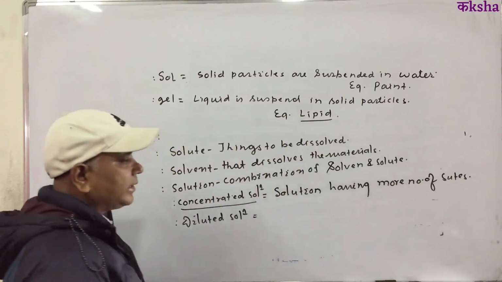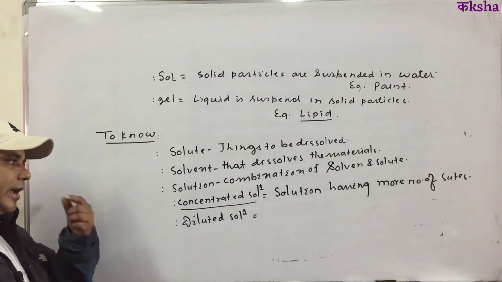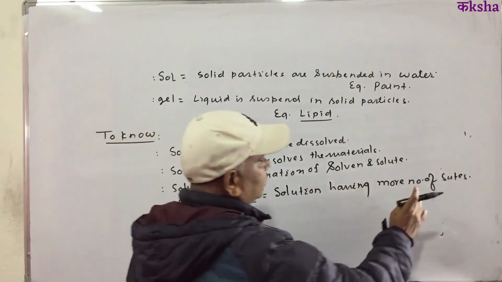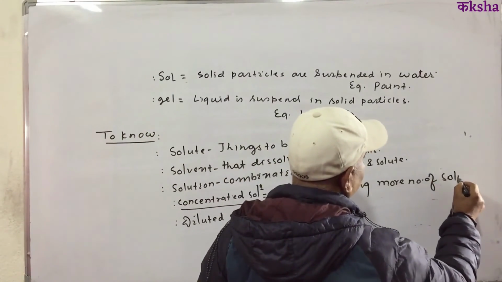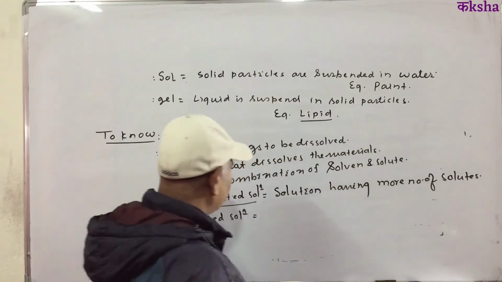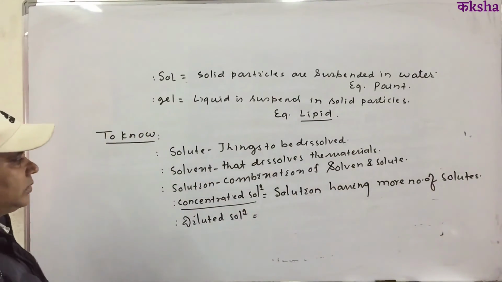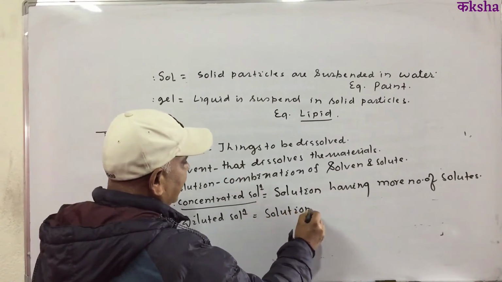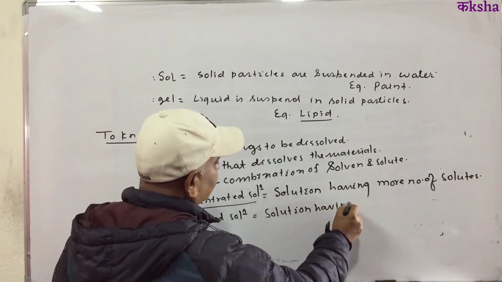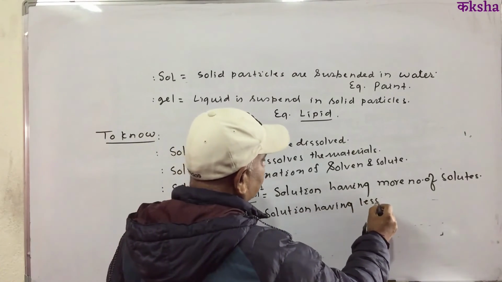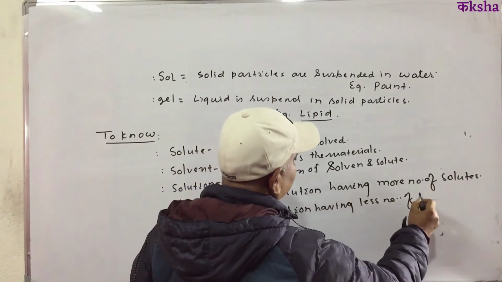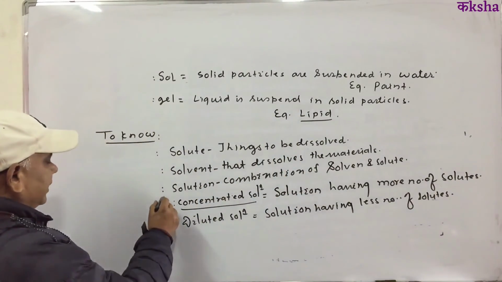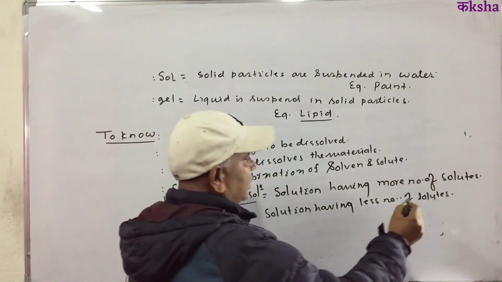A diluted solution is a solution having less number of solutes, right? So you have to know concentrated solution and diluted solution.